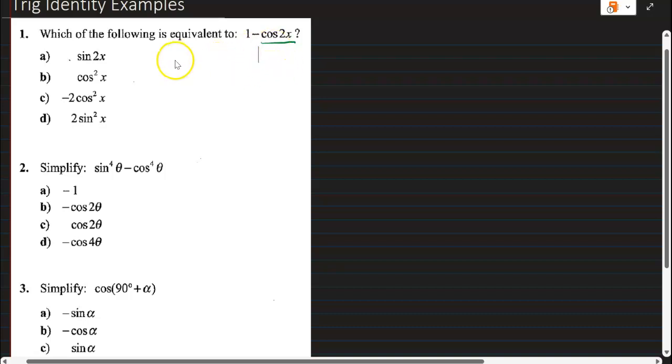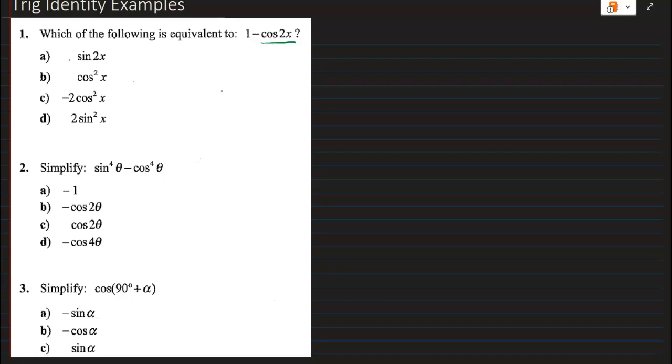But for this question, because our choices are all sine and cosine, the first expression we're going to use is cos²x minus sin²x. This expression is equivalent to cos of 2x.